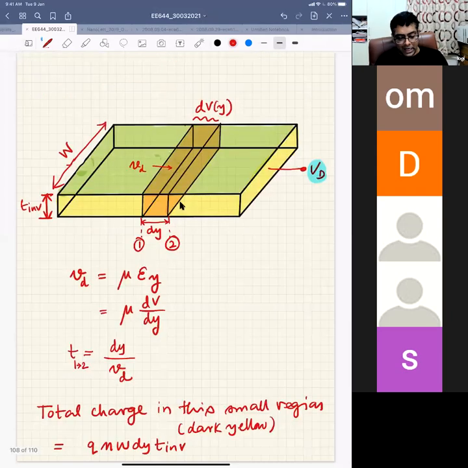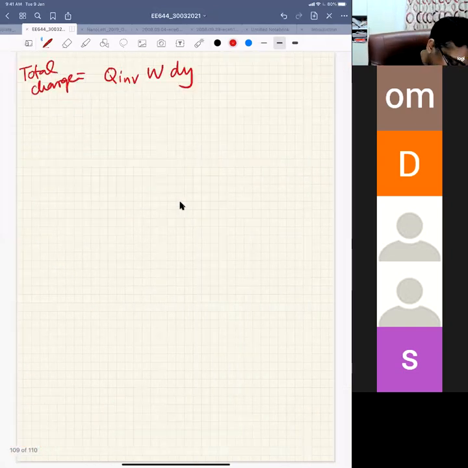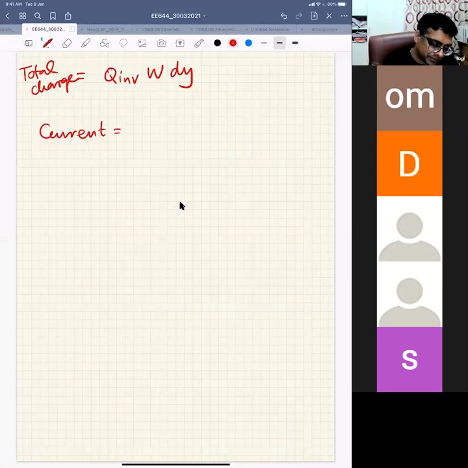I am moving this total charge from one side to the other side, so the current will be Q inversion W dy divided by time.